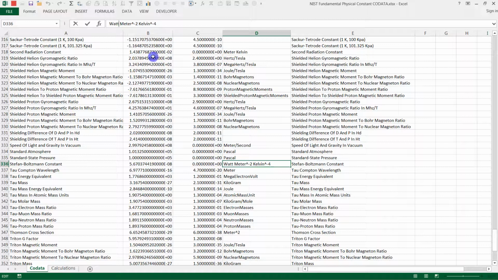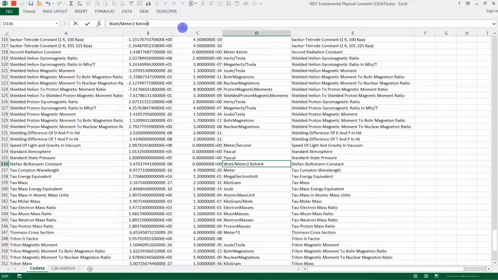Okay, this is watts per meter squared kelvin to the fourth. This is used for a body, like at a given temperature, radiates, and this is the flux of the radiation in watts per meter squared for the given temperature.